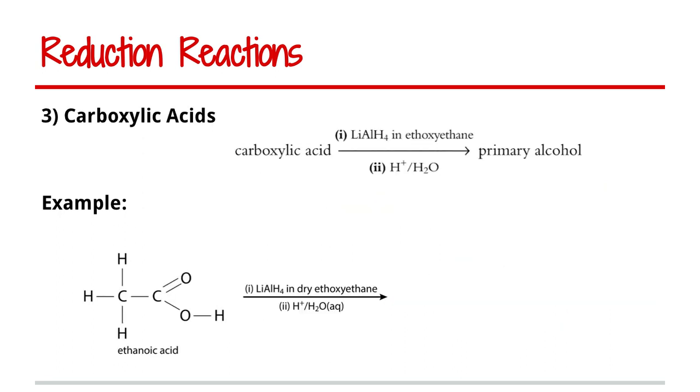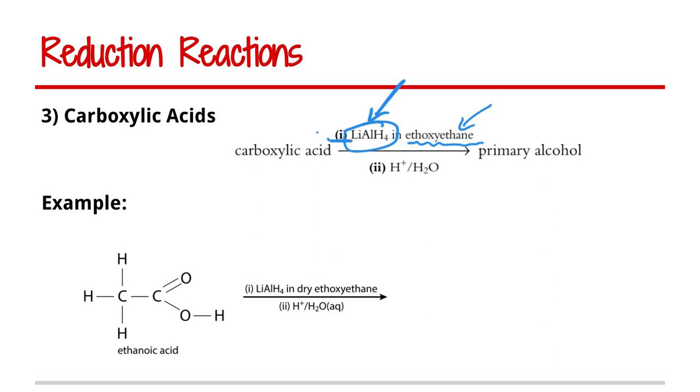Carboxylic acids, when they undergo reduction, do require a stronger reducing agent. So lithium aluminum hydride is the only one that works for this particular reaction. It has to happen in an ether called ethoxyethane, and it actually happens in 2 steps too.